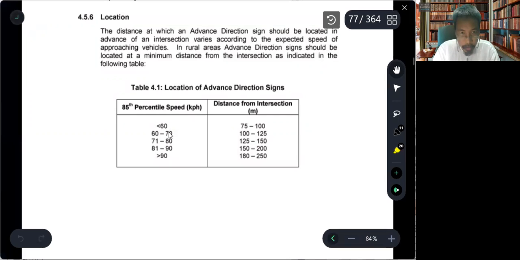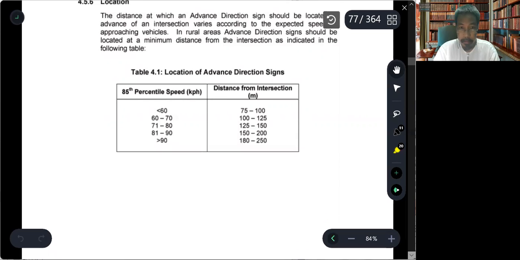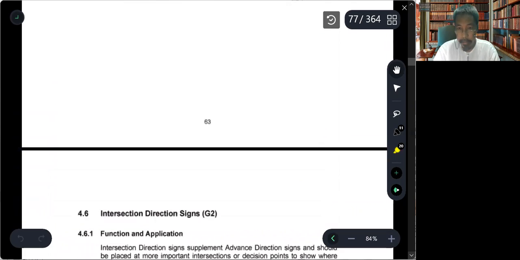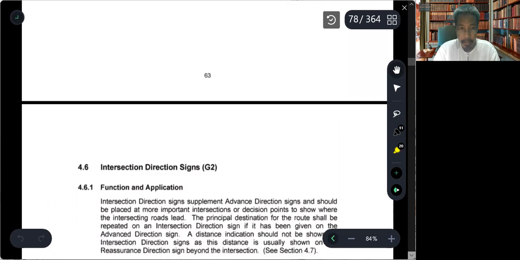So 70, where's 70? So 60 to 70. So you have to put up the advanced direction sign 100 meters to 125 meters ahead of the intersection. That is what we meant by that table. So, location. And with that, we are through with G1.